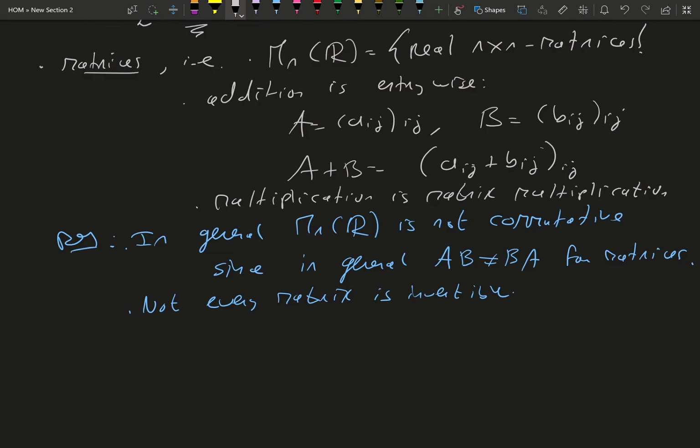Okay. So here is another example. The example of polynomials. You write R[t]. You let that be the set of polynomials with real coefficients.